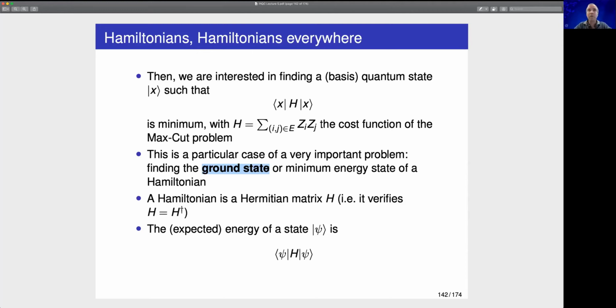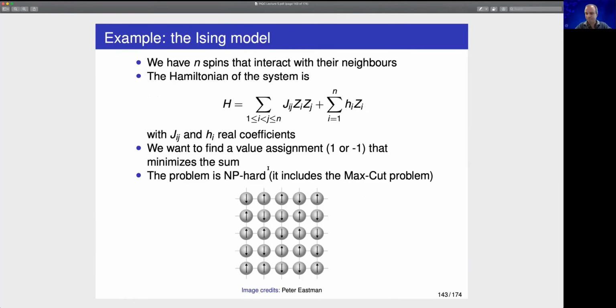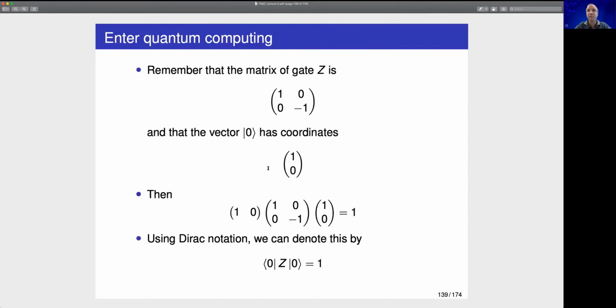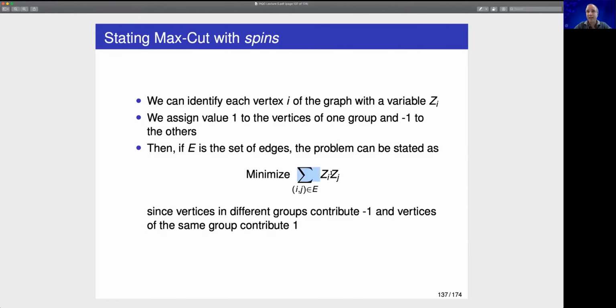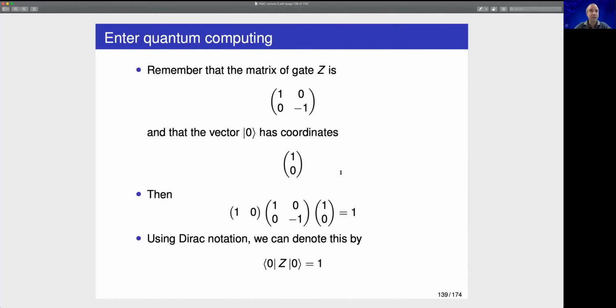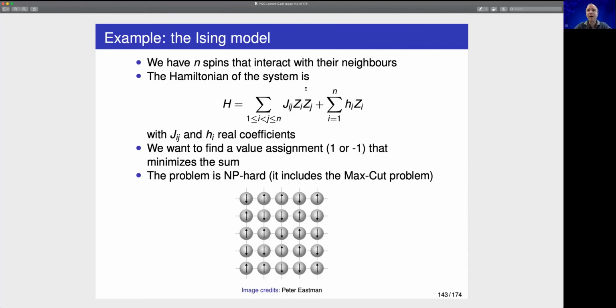Okay, we are going to do this in a particular case, which is also very famous, called the Ising model. In the Ising model, we have a generalization of this kind of expression that we had here for the Hamiltonian, in which now we have several different terms that can have coefficients which are real numbers, which involve the product of the operator on two different elements i and j.